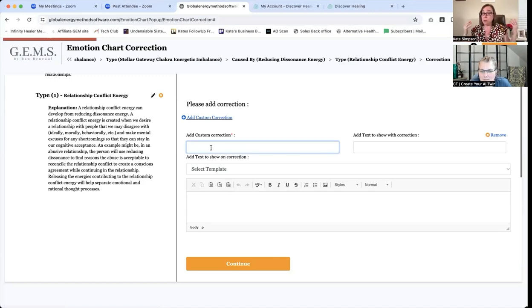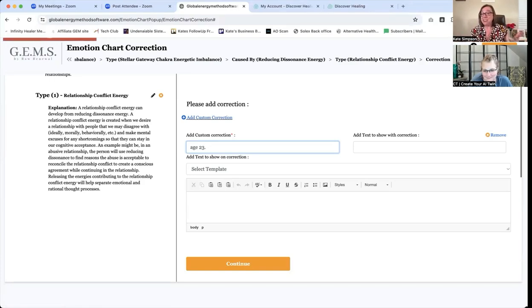So first, let's find out when this energy was created. We're just going to test here. This occurred at age 23. So, a few years ago, you may or may not have any idea what this is about, but you're nodding. Does that resonate? Can you think of maybe a relationship conflict at age 23? You can. Okay.